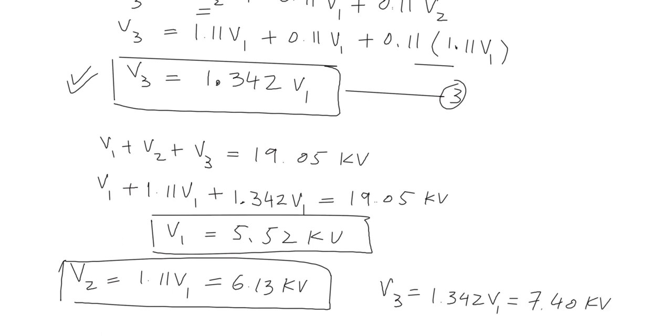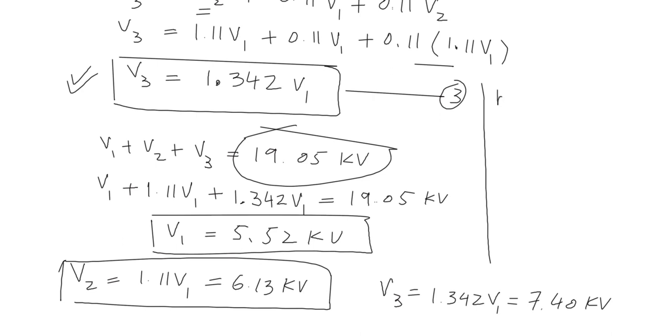Okay, we can cross check if our solution is correct or not. You can add V1, V2 and V3, and the sum must be equal to 19.05 kilovolt. Now you can see how the voltage is distributed across the three discs in our string insulator.